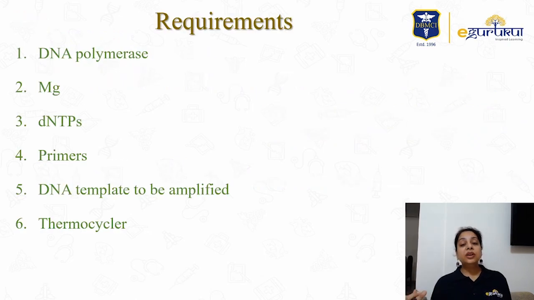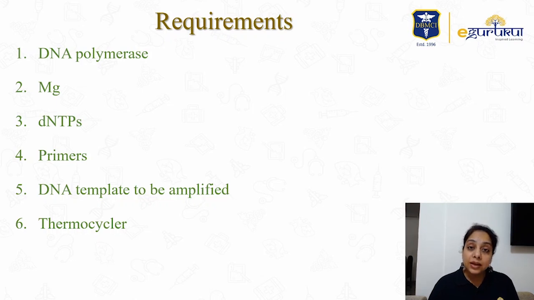For every test to run, we need some basic requirements. The first requirement is the DNA polymerase, because we are working with DNA and have to amplify it. Specifically for PCR, we need a thermostable DNA polymerase. Taq polymerase is the kind we use in the lab.